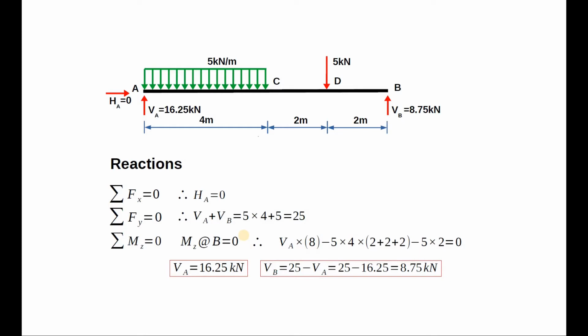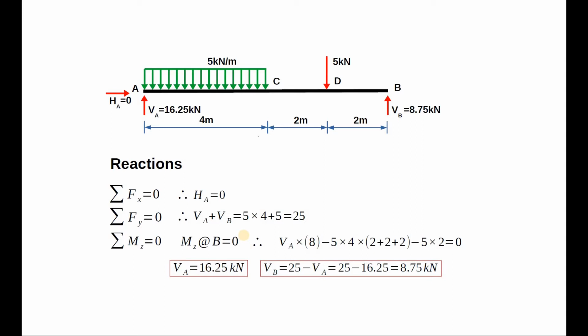VA into 8 represents moment of VA about point B. The second term, 5 into 4 into (2 plus 2 plus 2), represents moment of UDL about point B. And the last term, 5 into 2, represents moment of concentrated load about point B.